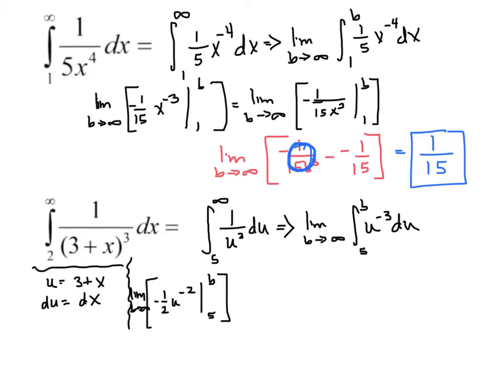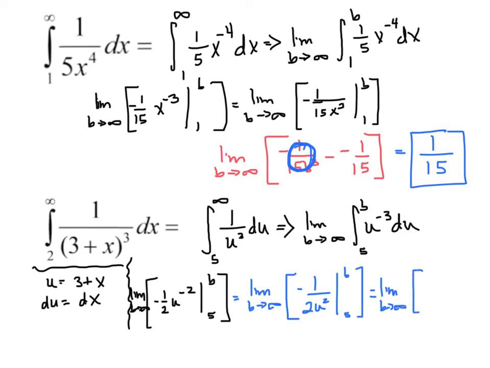I would like to write this with a positive exponent. It makes it easier, I think, if I write 2u squared. So I get -1 over 2b squared minus negative 1 over 2 times 5 squared, so 50.